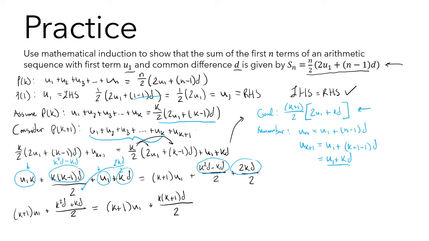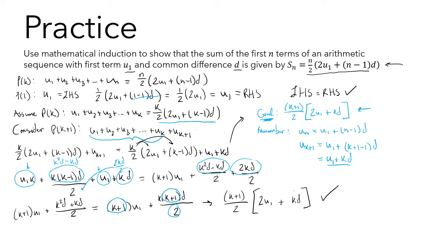Notice that there's a k plus 1 term here and a k plus 1 term here, and I'm also going to pull out the 2, because remember I'm trying to make it look like my goal. So this is going to give me (k plus 1) divided by 2 times (2u1 plus kd), because the 2 here and the 2 in the denominator cancel to give me just u1 plus kd. In other words, I've done it. I've made it to the goal.